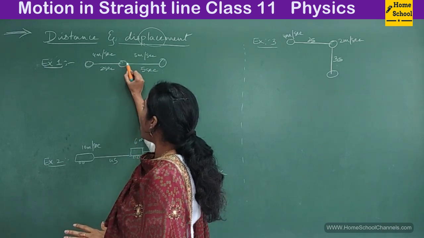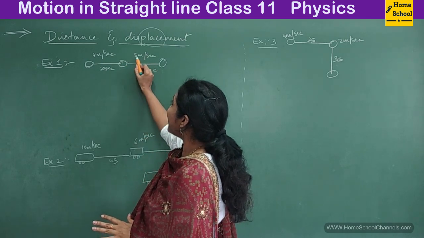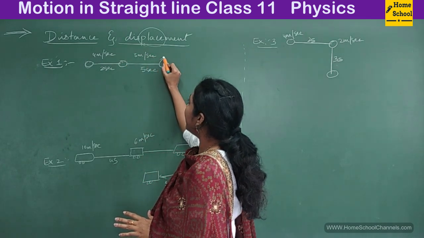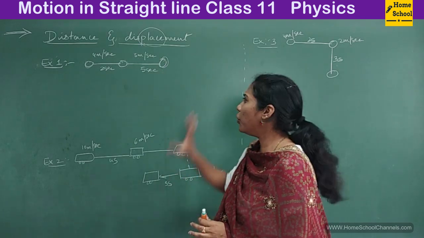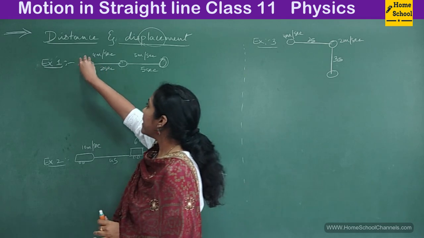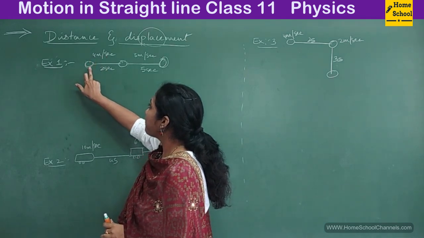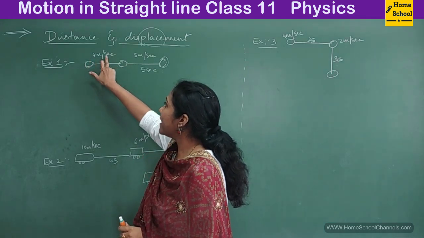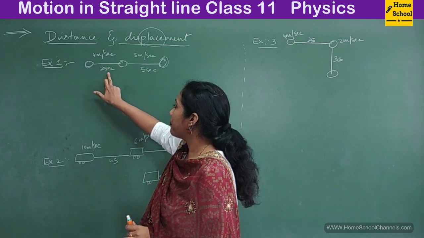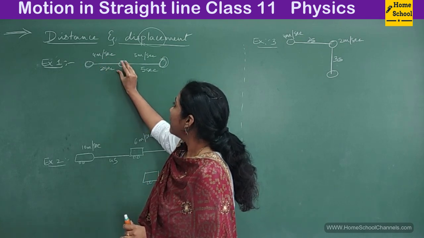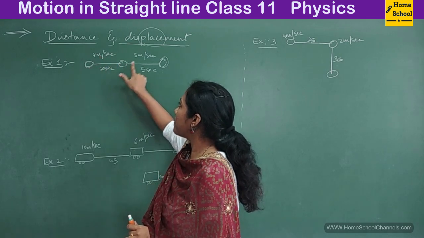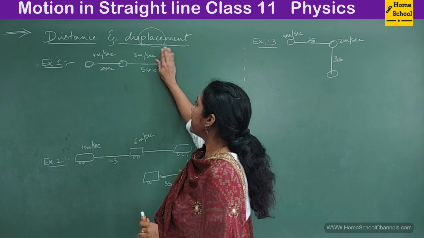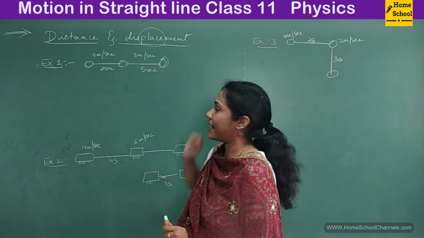After 2 seconds the object's speed is 3 meters per second and it goes to the final position in 5 seconds. The speed has changed from 4 to 3 meters per second.